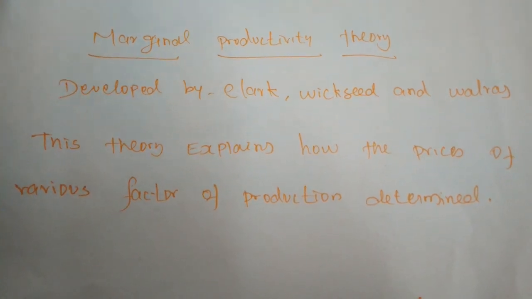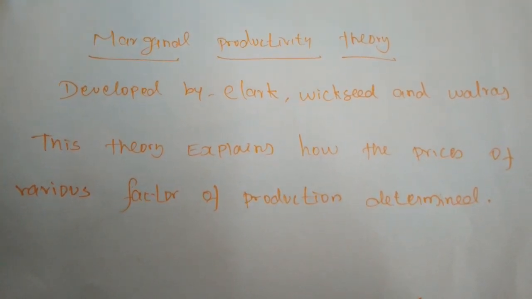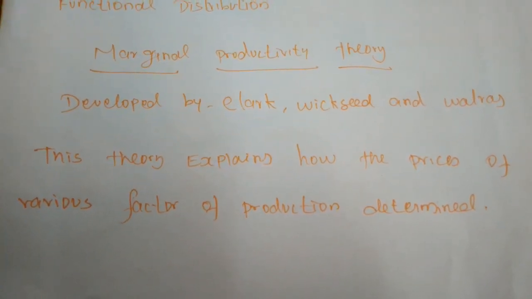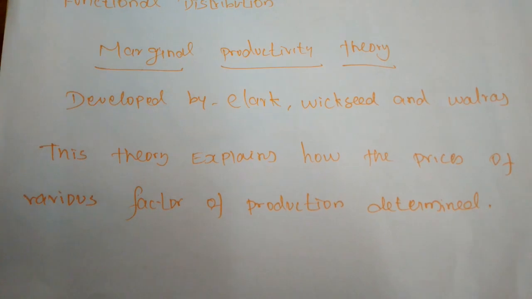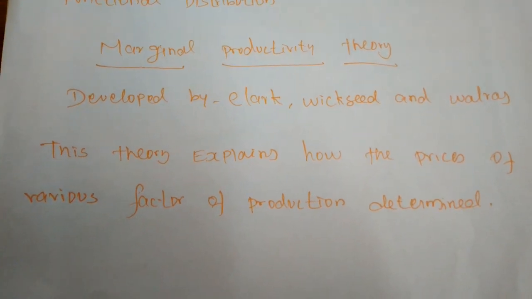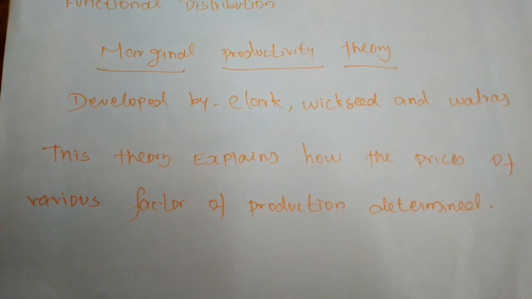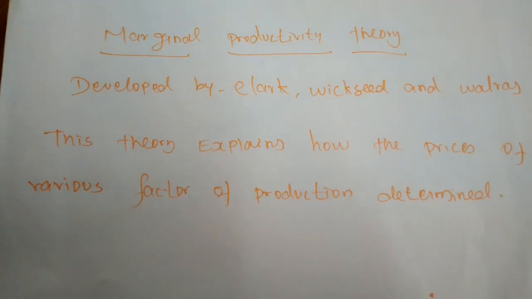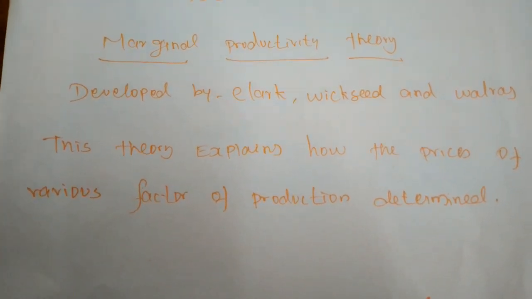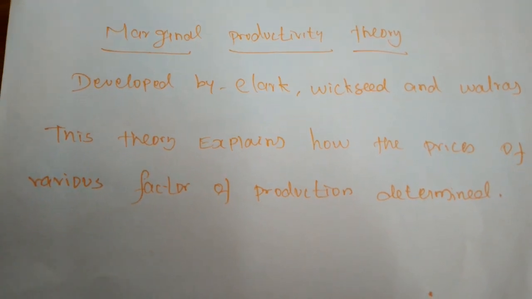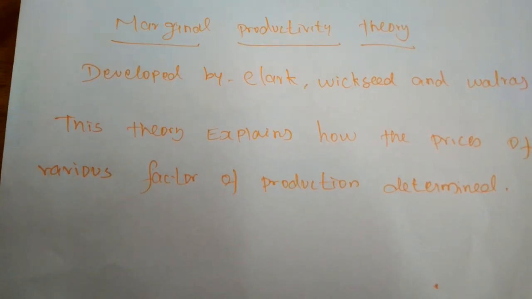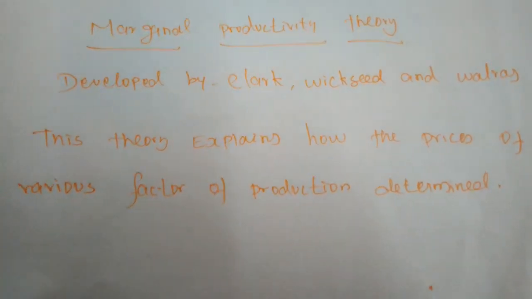For example, labor has some productivity power to produce a commodity. If labor doesn't have a sufficient level of productivity to produce a commodity, the producers will never arrange the labor. Only for the productivity power will the producers arrange labor for the production process. So the price of labor will be determined according to the productivity of labor.